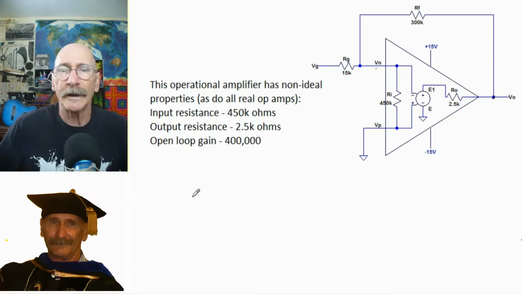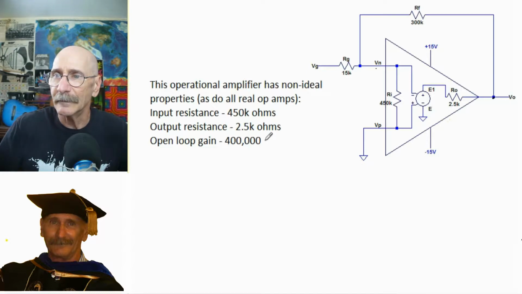Whenever you have a non-ideal amplifier, we can model it like this. As said before, we had an input resistance of 450 k ohms, and that's modeled here as 450 k ohms across the inputs. The 2.5 k ohms output resistance is represented here.